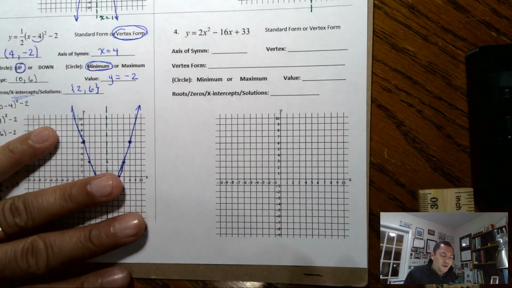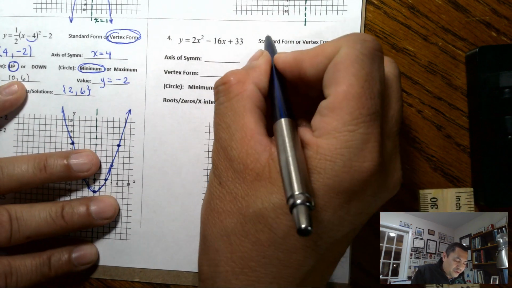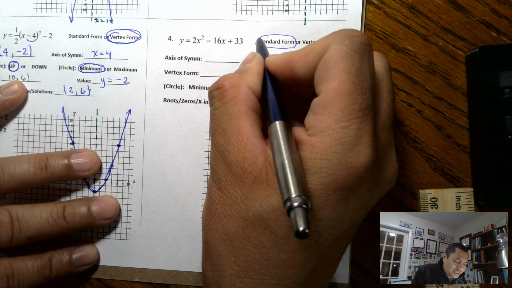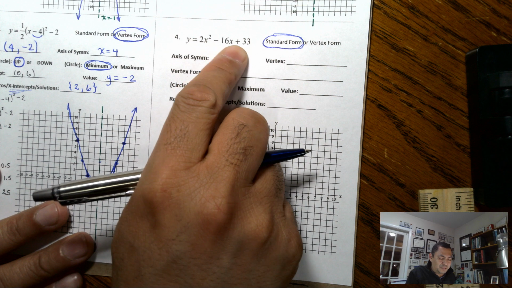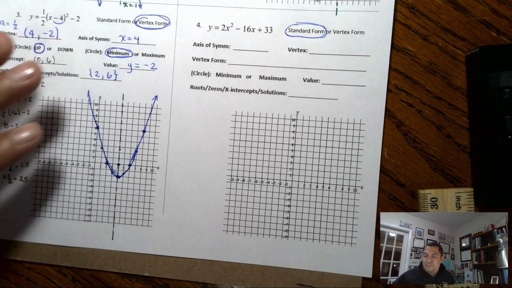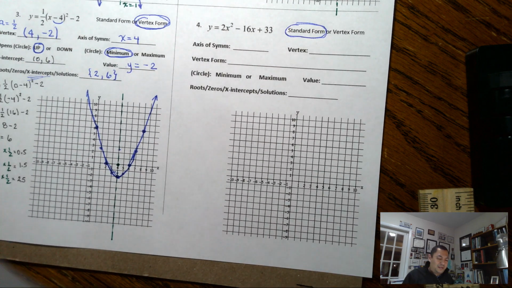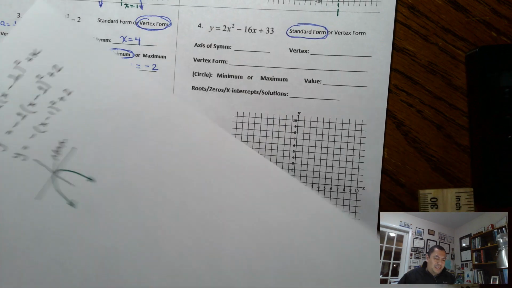Now let's do number 4. Number 4 is another one that is in standard form. Standard form, see, 2x squared minus 16x plus 33. I'm going to use the paper again, and I'm just going to turn it around. It's the same paper that I was using.